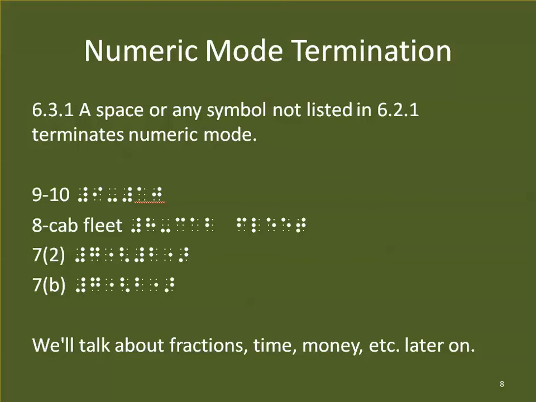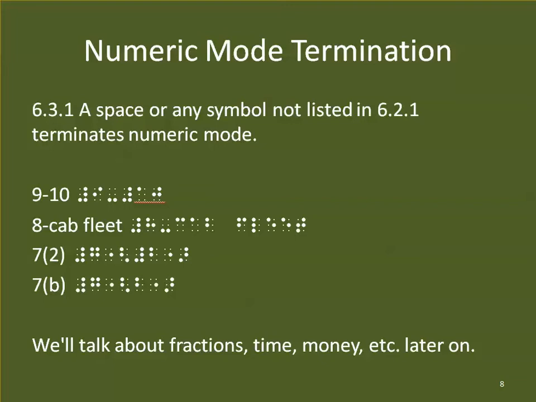We didn't really have something called a numeric mode, but for ease of talking about it, I'll just call it that. So in EBAE, the old code, we could just have 9 hyphen and then carry on with the digits without repeating the numeric indicator. In UEB, though, a hyphen is not on that list of things that numeric mode carries through, so we have to reinstate numeric mode for that second number after the hyphen, number 10.